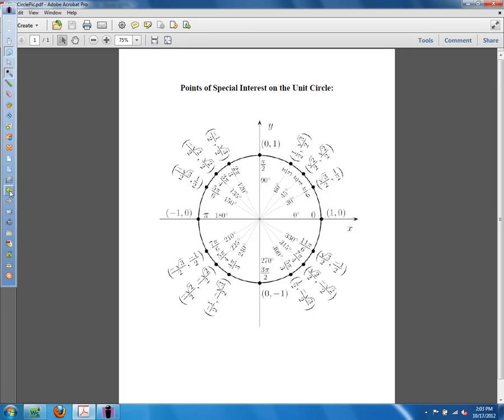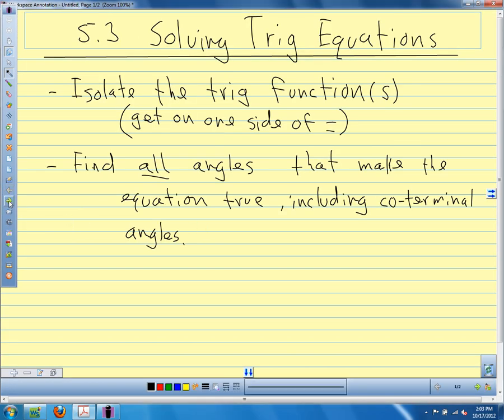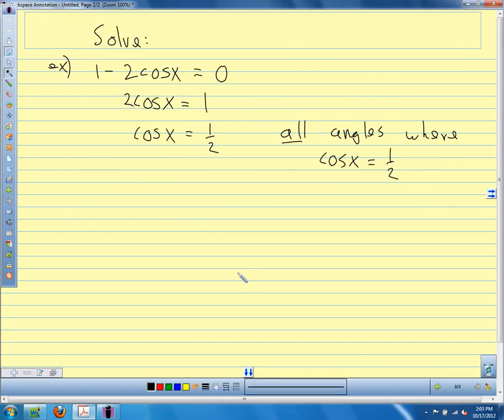So I go back to my equation. x equals pi over 3, or 5 pi over 3. That's where my cosine is 1/2, but any coterminal angle will also work.